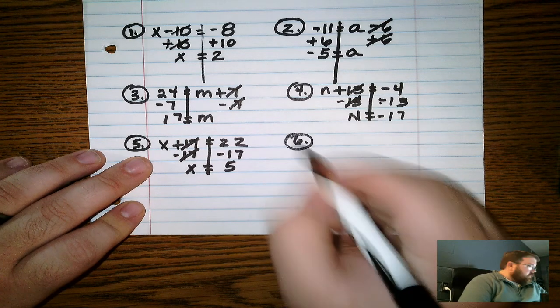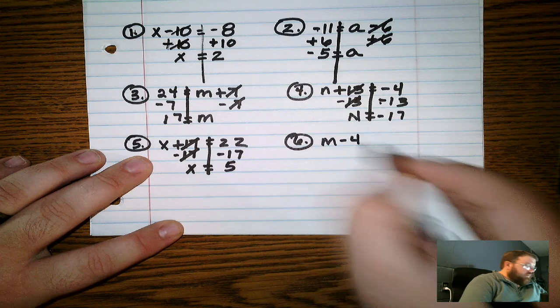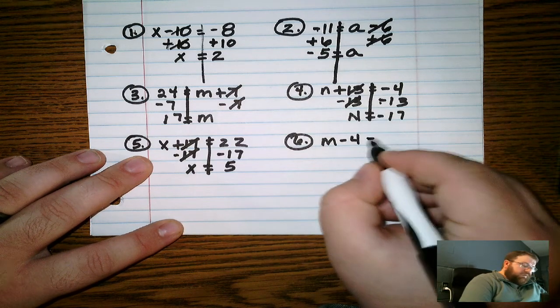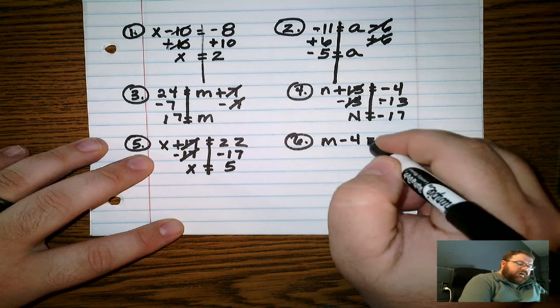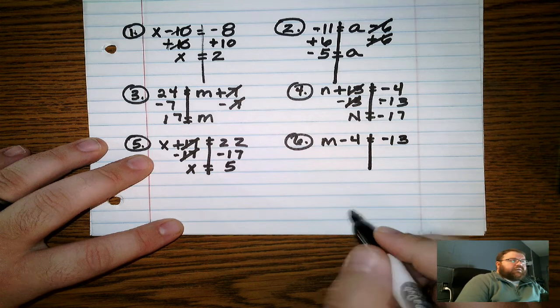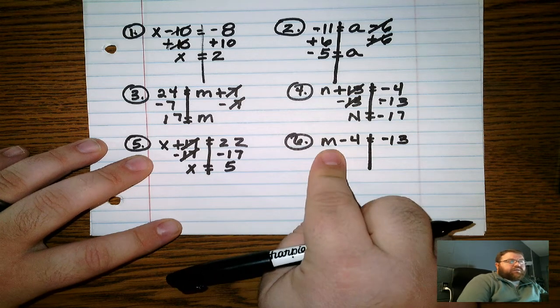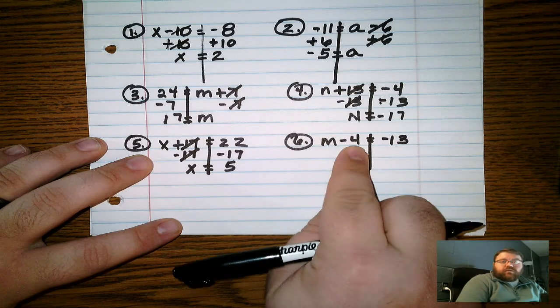Number 6, m minus 4 is equal to negative 13. I'm going to draw my line, and I'm going to find my variable, ask myself what is being done to the variable. In this case, it's subtracting 4 or negative 4.